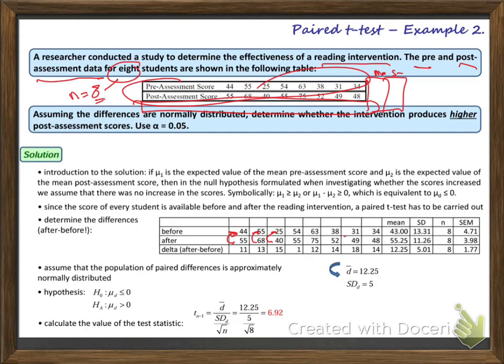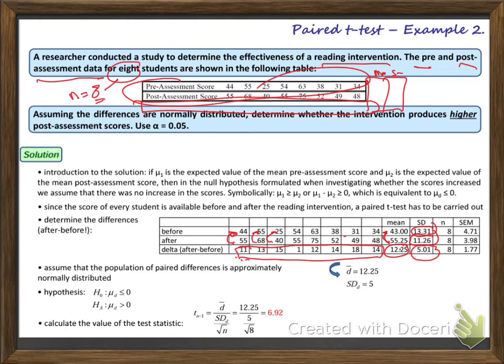If you are calculating the standard deviation, for the first set it is 13, for the second set it is 11, and for the third set, it is not like the mean. You can say 55 minus 43, which gives you 12, or you can calculate the mean from here: the sum divided by the number.